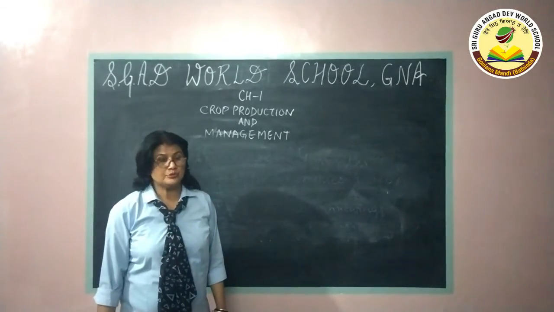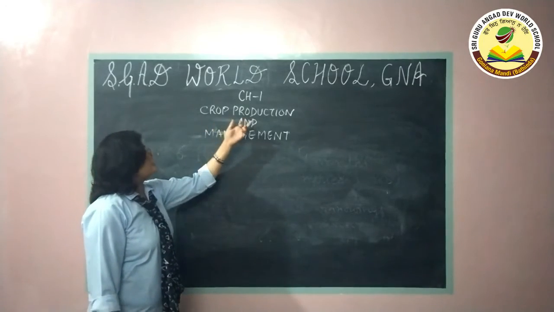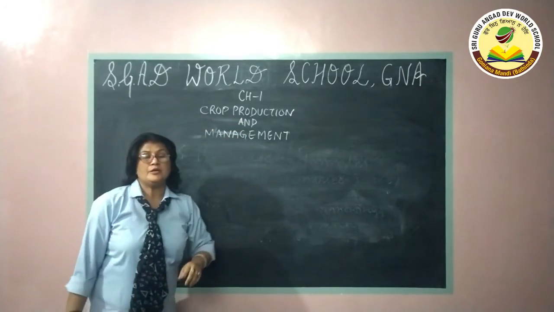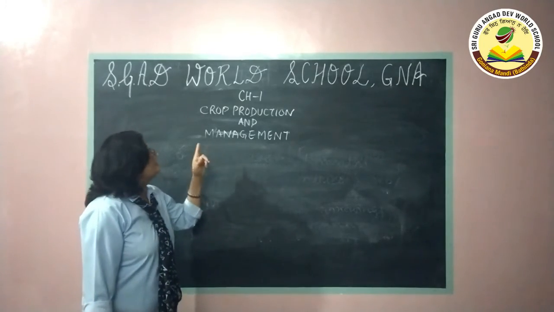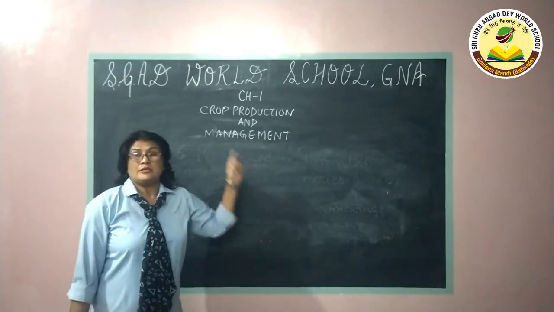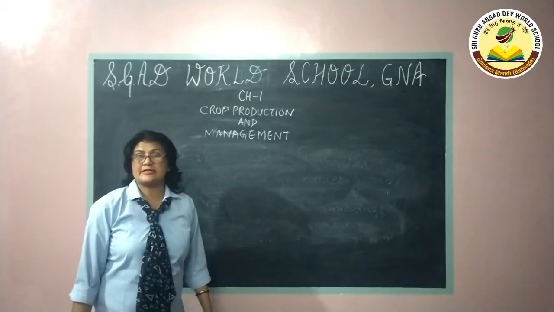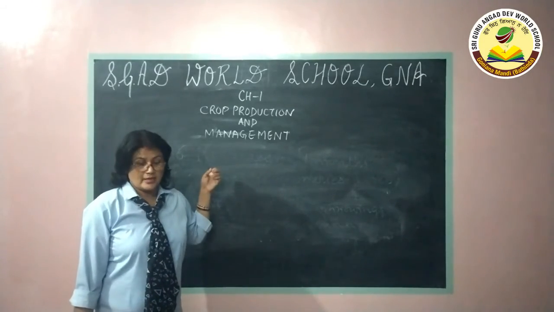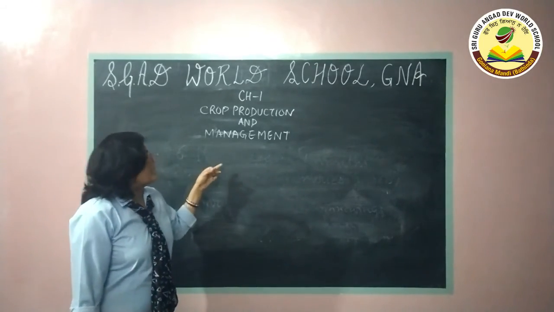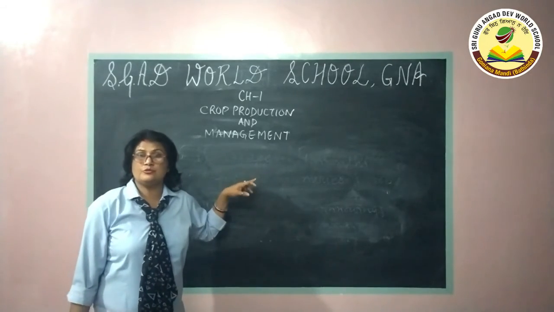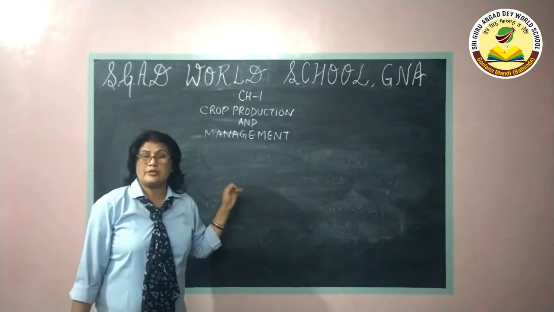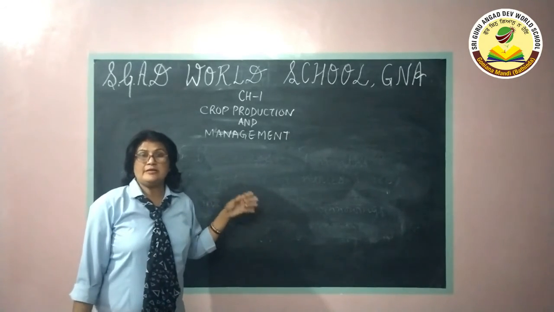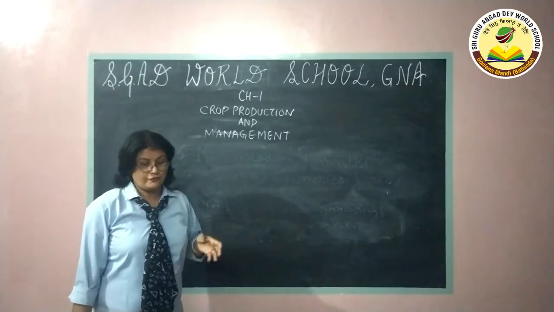Now we know that in crop production and management we apply many processes to save the crop and reach the food to each and every person on this earth. Not only do plants give us food, the animals also have their role in our daily life to provide food.